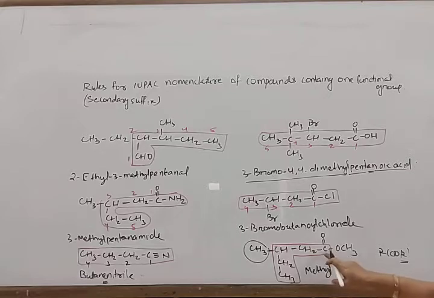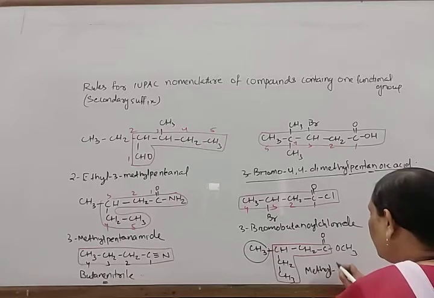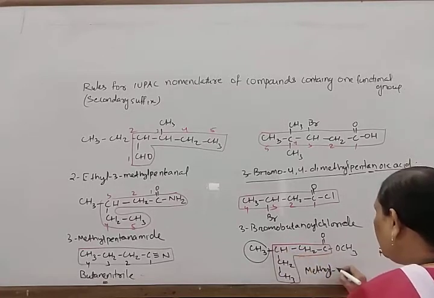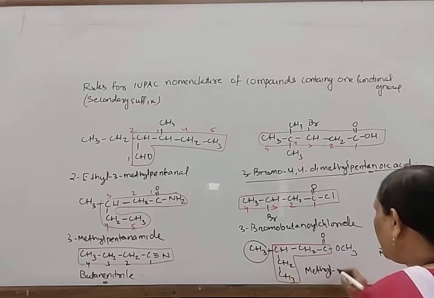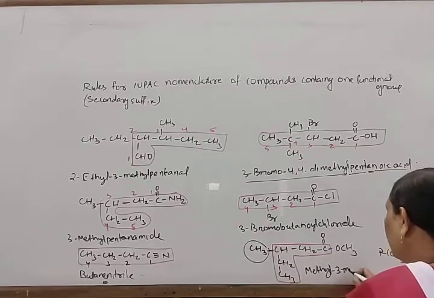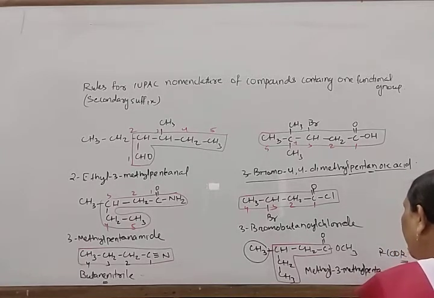Its position here always 1, so no need to write methyl. Then again give hyphen. Then 1, 2, 3, 4, 5. Methyl. Then 3 methyl pentanoate.